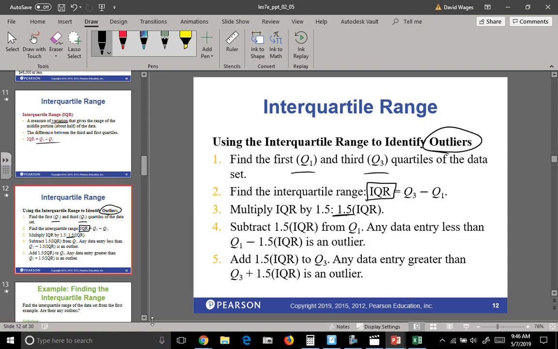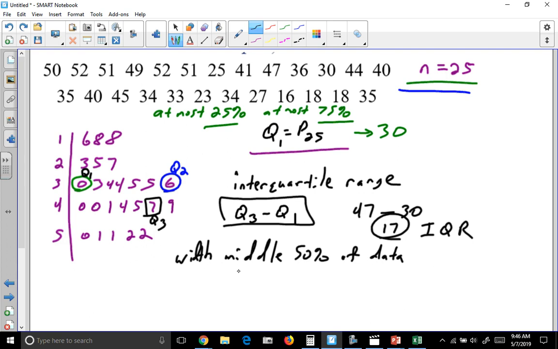That's basically going to give us a number that is 50% more than our interquartile range. So let's do that with our value here. So our IQR is 17. So if we do 1.5 times our IQR, that's 1.5 times 17.